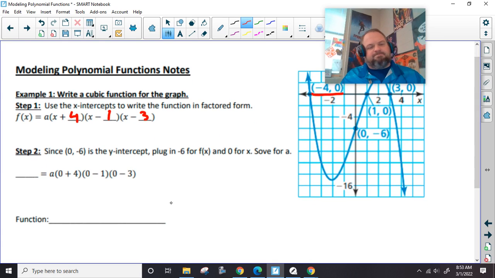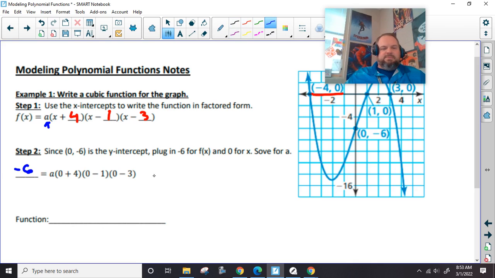Now what we're trying to find is whatever this little constant a is in front of all this. We use our -6 as our y-intercept, plug it in, and then solve from there.